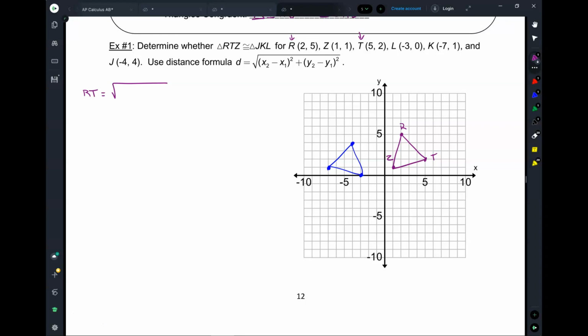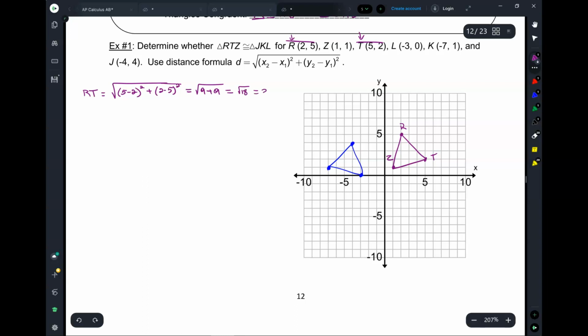Like really label it, because on the quiz also some people were using different coordinate points, and then sometimes you lost track of which one you were using. So do something like this one and this one, right? So now I'm going to do x2 minus x1, 5 minus 2 squared plus 2 minus 5 squared. That's the square root of 9 plus 9. That's the square root of 18.